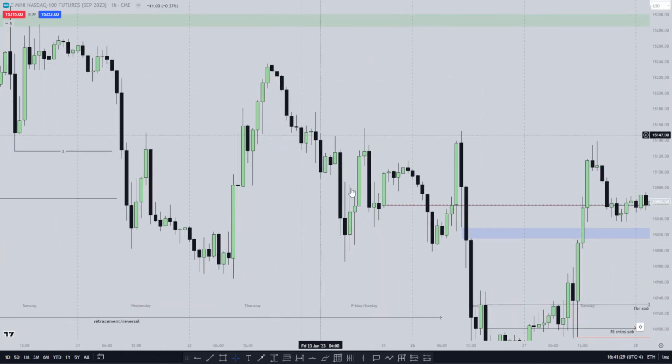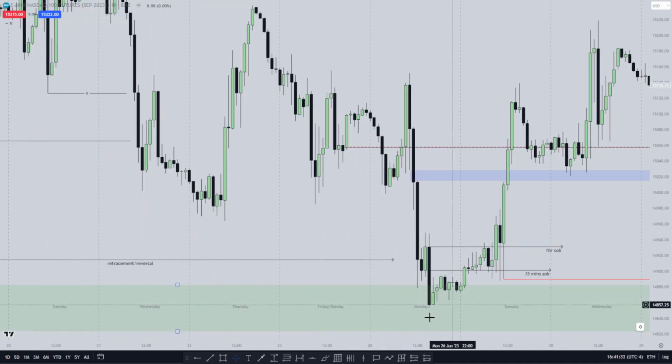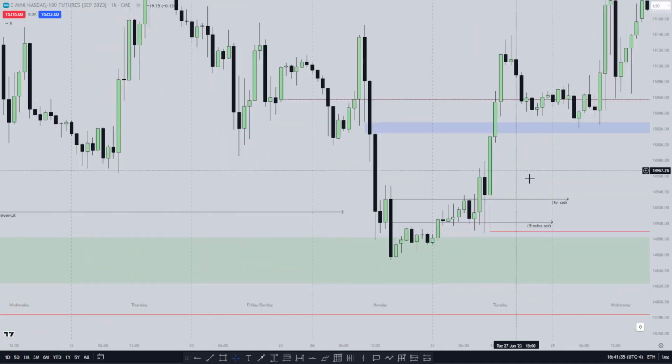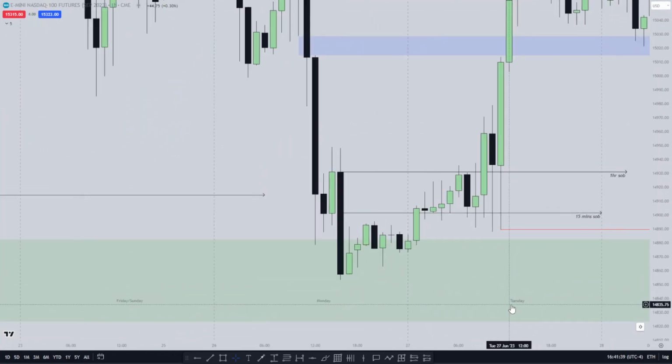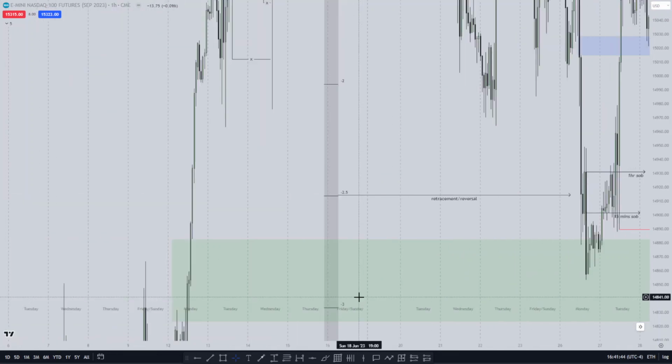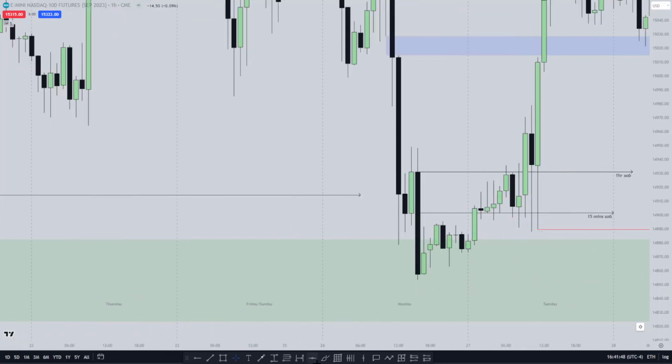So then we kept on going down and down until we hit our PDRA. Now, as we hit this PDRA, listen. When we hit this PDRA, this is the 4 hour. This is exactly at the 4 hour main threshold. Let me show you. 4 hour main threshold from here to here.